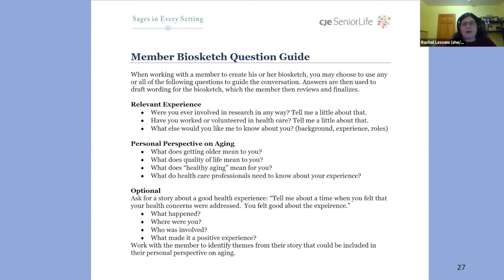The act of creating the BioSketch helps further develop the relationship between the facilitator and the members. And when the academic partners and researchers share theirs when they visit, this helps equalize the power dynamic that may exist beforehand. So it makes the members feel more comfortable giving their input.